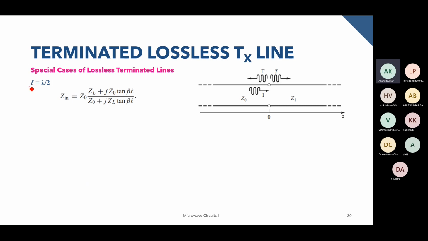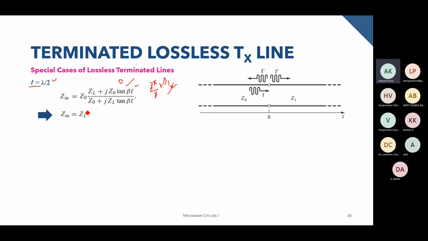So what if this L were to become lambda by 2? We'll just substitute L equal to lambda by 2 over here. We know beta is 2 pi by lambda, and substituting that we end up with pi, and tan pi is 0, so this will turn out to be Zin equals ZL.